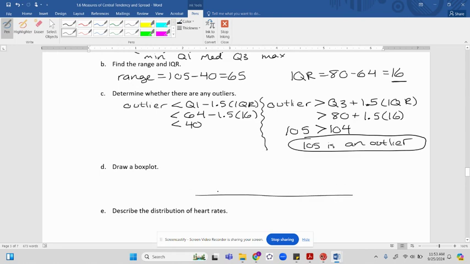What it does is, so our data, by the way, went from 40 to 105. So I'm just going to go 40, and this is heart rates, I think. 40, 50, 60, 70, 80, 90, 100, and 105.